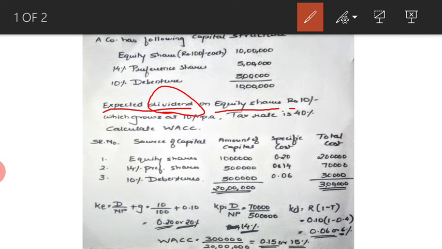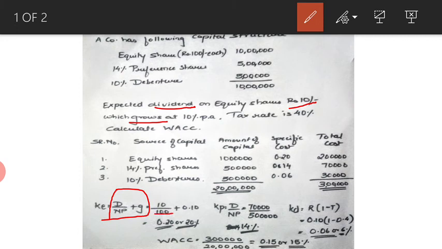Expected dividend on equity shares is 10 rupees, which grows at 10%. So this growth is given over here. So which approach do we use? We use dividend plus growth approach. So what is the formula for dividend plus growth approach? It is D divided by NP or MP, plus G. So what is D? D is the amount of dividend, that is 10 rupees given to us.